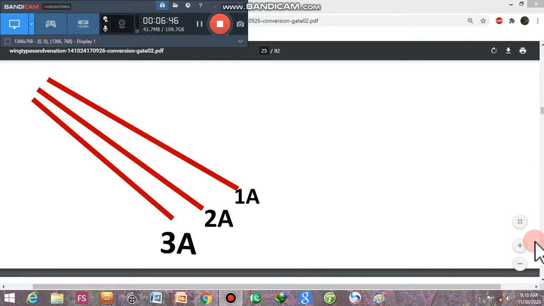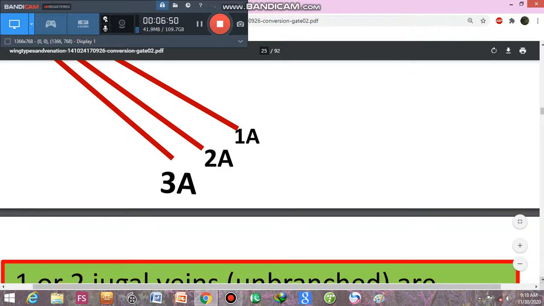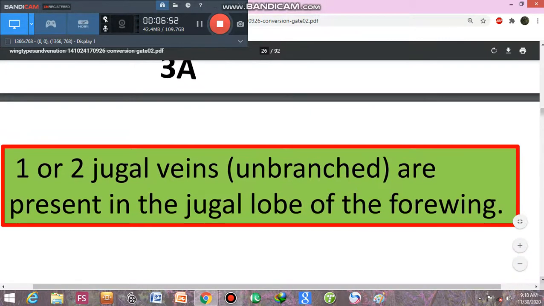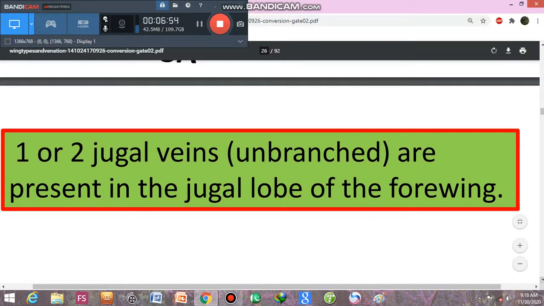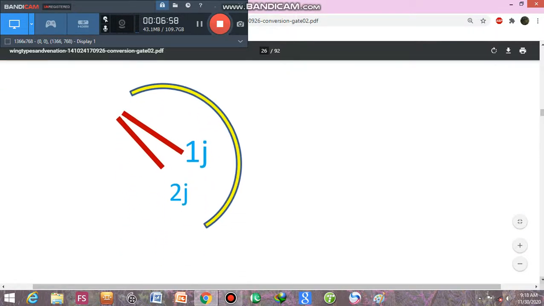These are unbranched and these are in downward location. First and second jugal veins, unbranched, are present in the jugal lobe of the forewing. This is the jugal lobe of the forewing, and the two veins present in it are designated as 1J and 2J.